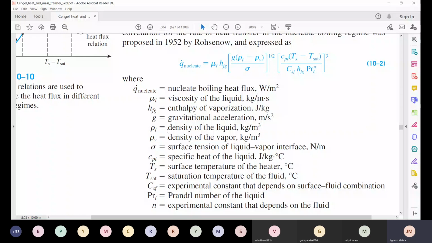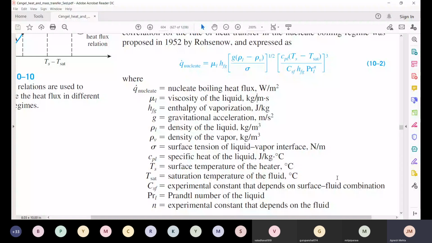Sigma is the surface tension of the liquid-vapor interface, in Newton per meter. CPL is the specific heat of liquid. Then Ts is the surface temperature of the heater. T saturation is the saturation temperature of the fluid. And CSF is the experimental constant that depends on the surface-fluid combination.